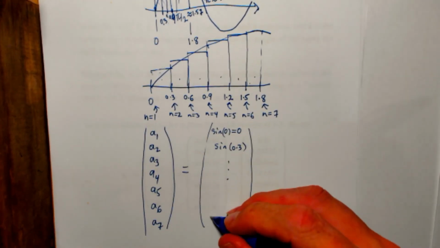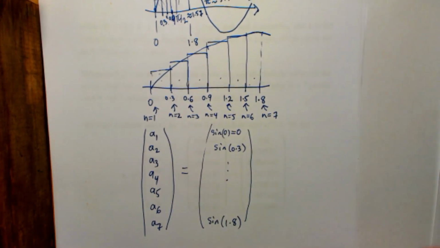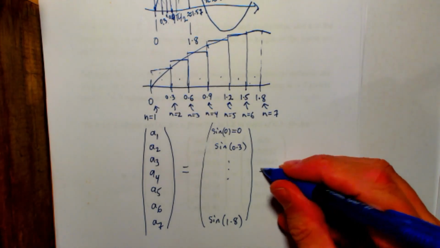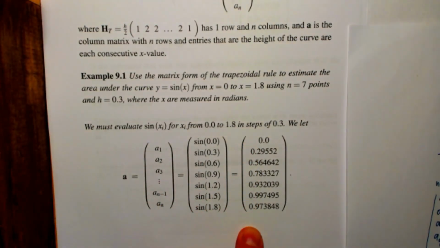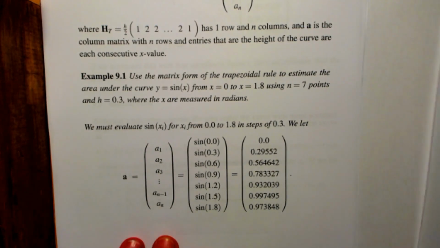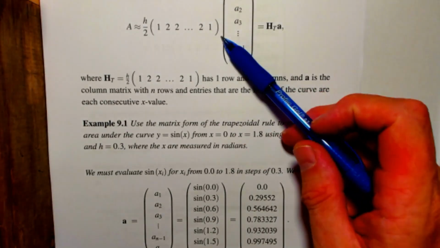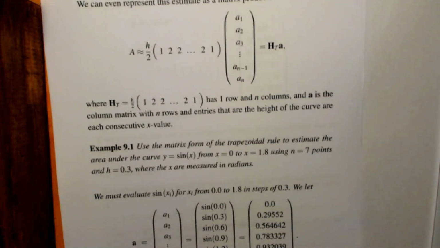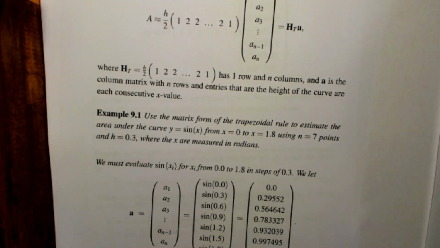And then the last one here is sine of 1.8. All right, now my previous calculations gave me these numbers. And so now what we need to do is multiply that on the left by this matrix in order to use the trapezoidal rule to get our estimate of the area under the curve.